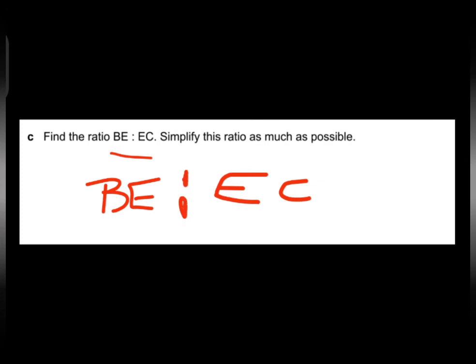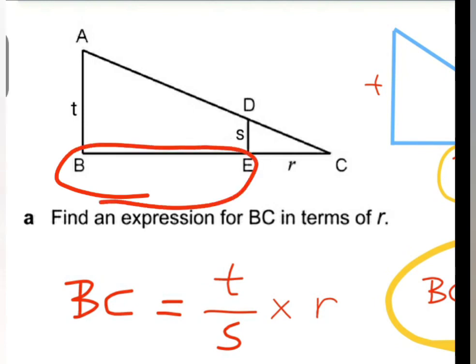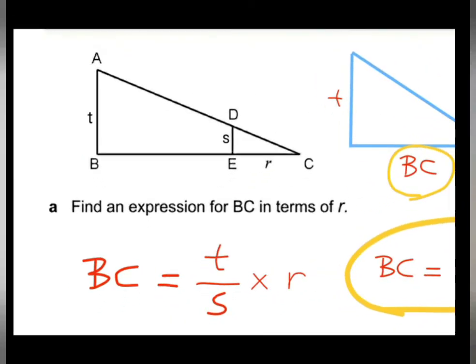Very good. Now, let's go back to the picture. I'll explain more. As you can see here in this picture, BE is this part. And we said that BE is a part of BC. And EC alone is R. Now, the question C wants BE to EC.